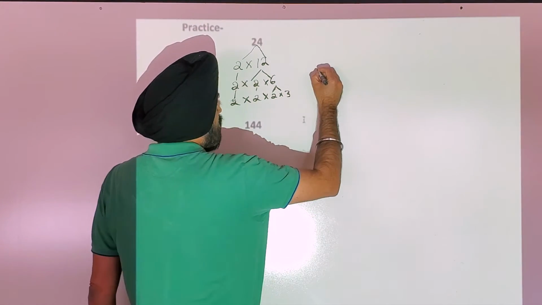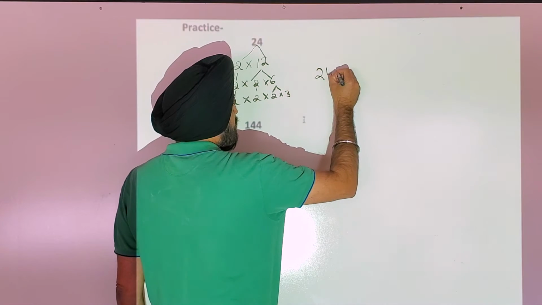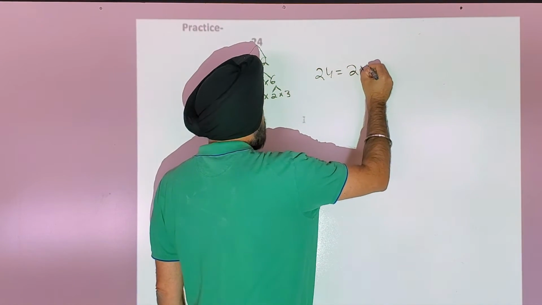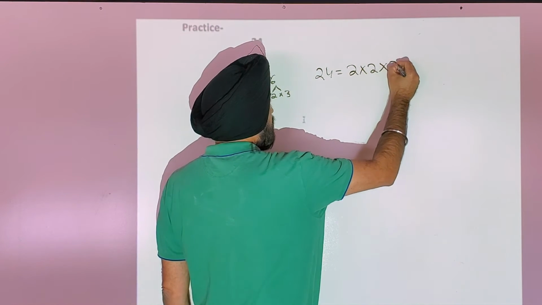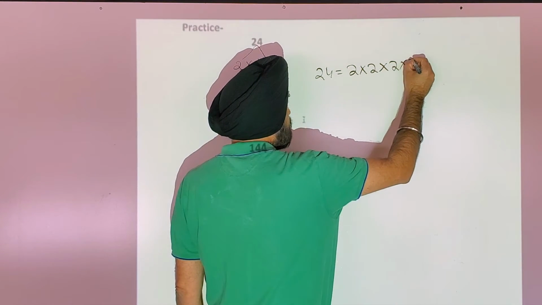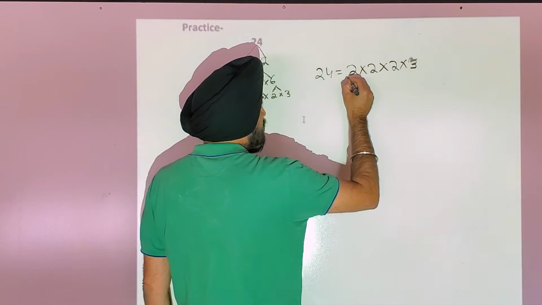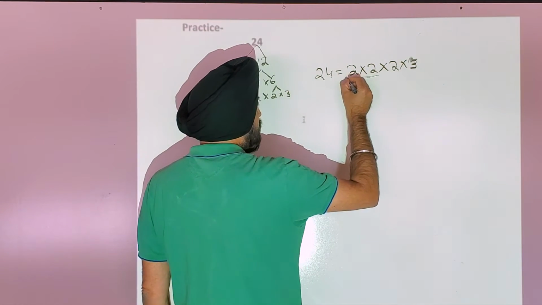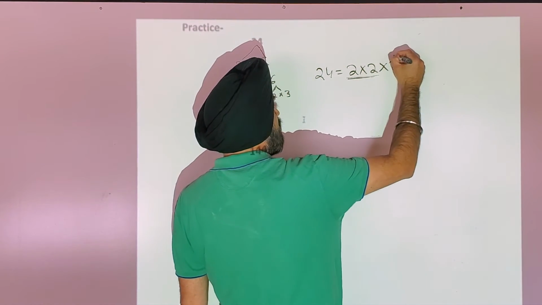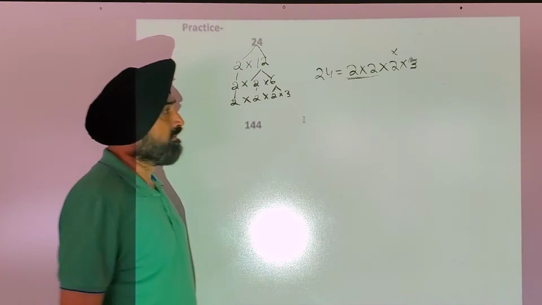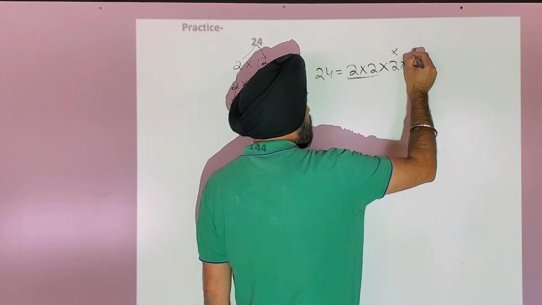So the prime factorization of 24 is 2 times 2 times 2 times 3. Now make the pairs. This is a pair. There's only one pair here. This is only one 2, so there's no pair for this number. There's no pair for 3 also.